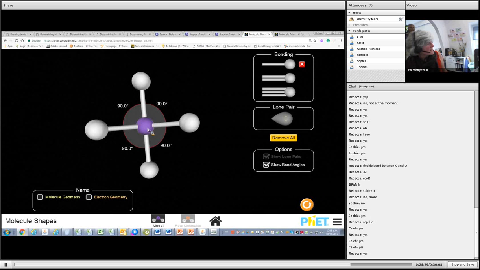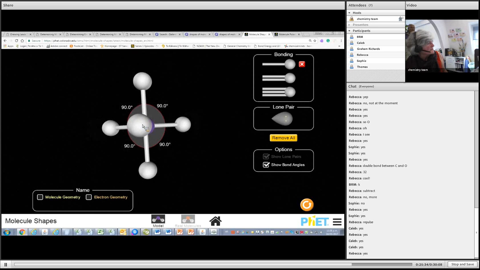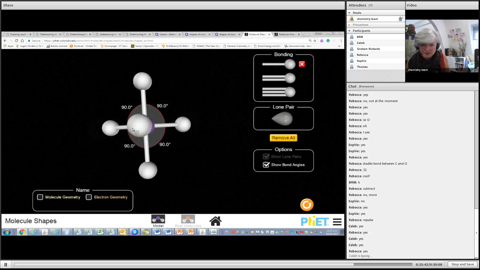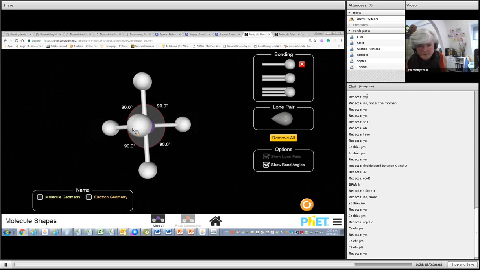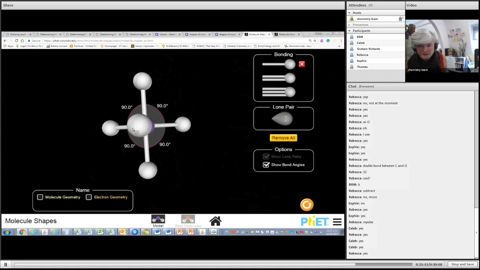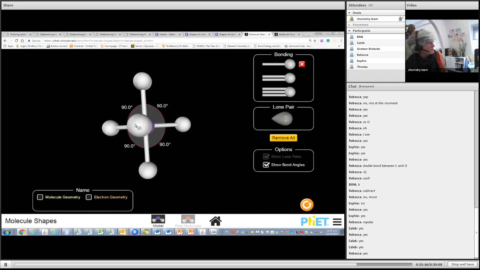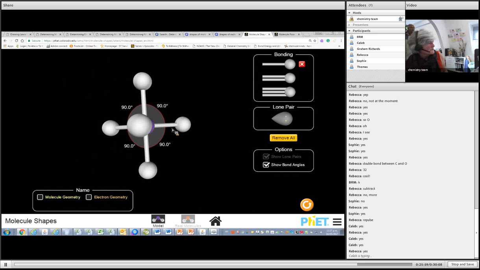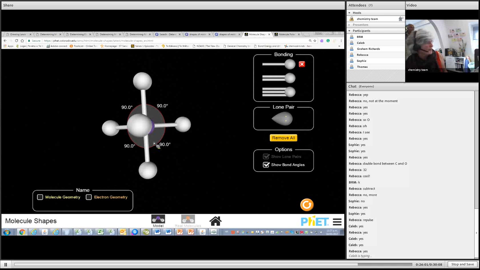Now notice, if I move this around, it can be a bit tricky, so I look directly down an atom in the equatorial plane, do I see that same trigonal planar around it, or do I see more? Okay, so Rebecca, you're saying I'm seeing, if I look directly down here, two atoms in the equatorial plane as well as the two in the axial plane, the one above and below the equatorial plane.